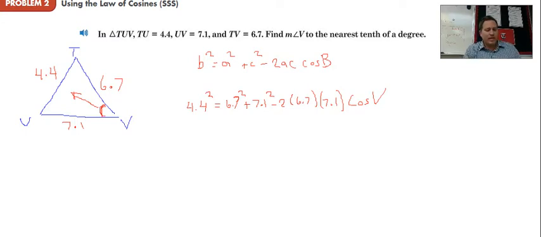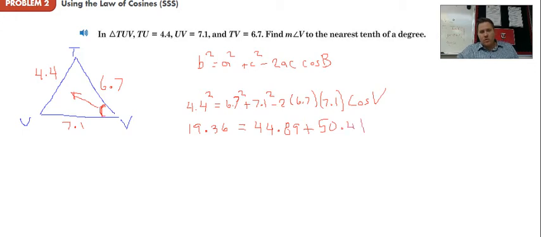We'll definitely need a calculator for this computation. 4.4 times 4.4 is 19.36. 6.7 squared is 44.89, plus 7.1 squared is 50.41.